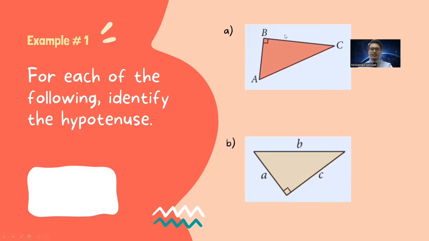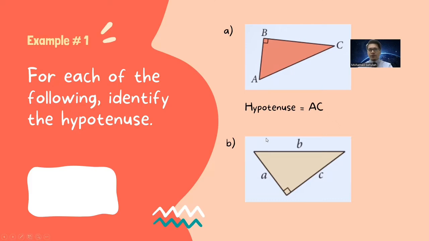As I said just now, every such triangle will show this square to show that it is a 90 degree. So opposite to 90 degree is the hypotenuse. So AC is the hypotenuse. Yes, correct, AC is the hypotenuse.